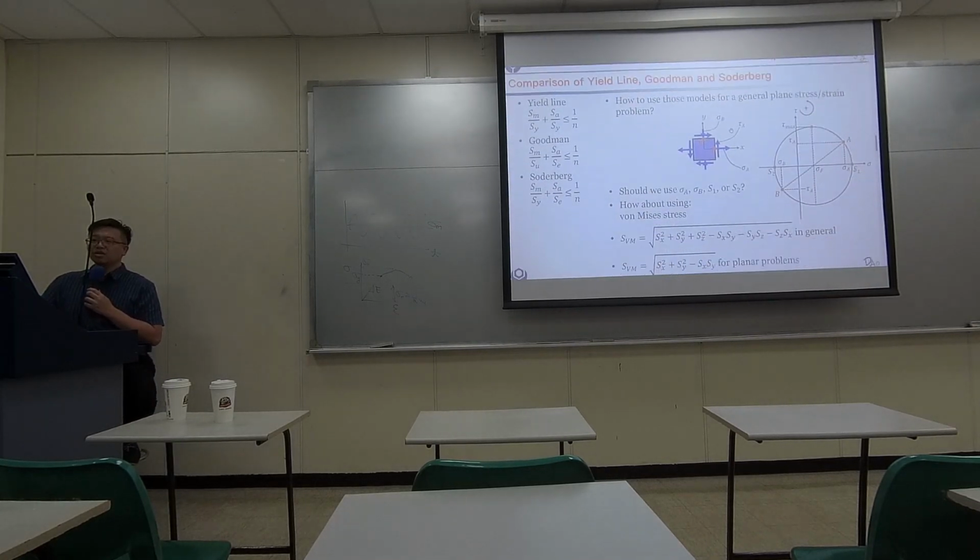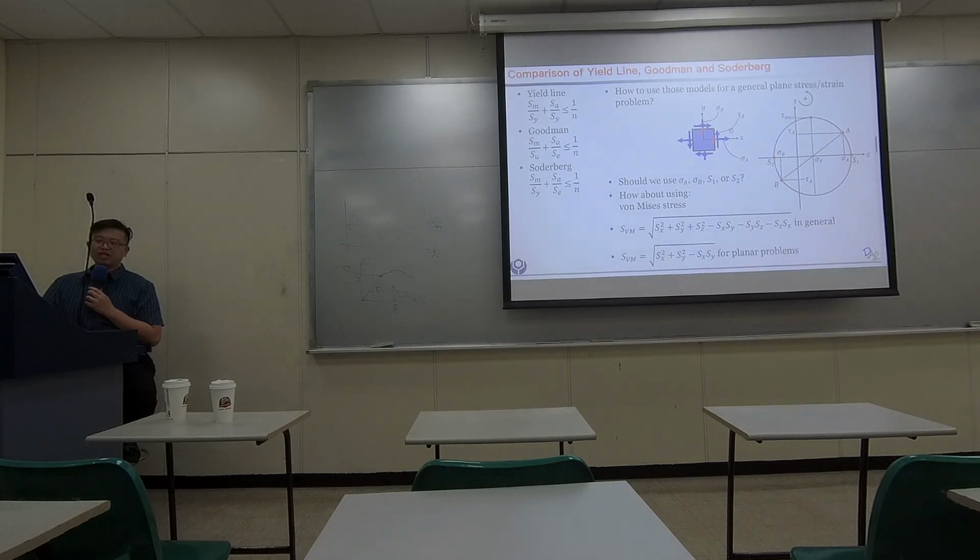So once we have those, the rest is just to try those models in different problems. This is a general plane stress and plane strain problem where we do have stress along the x and y directions, and also we have shear.